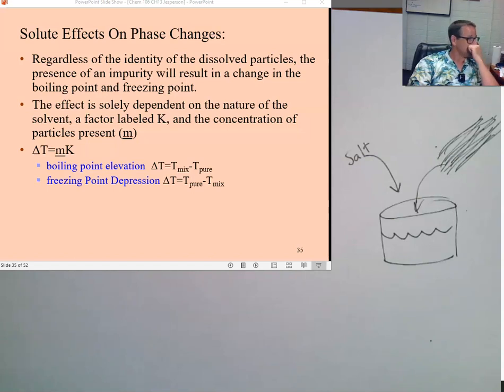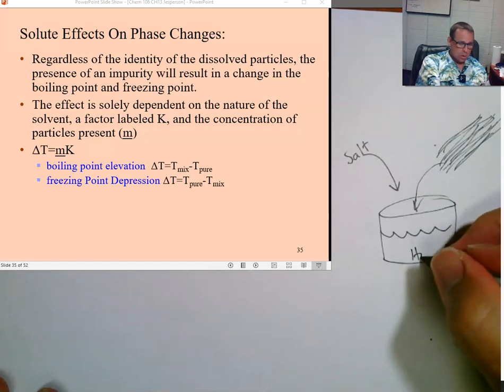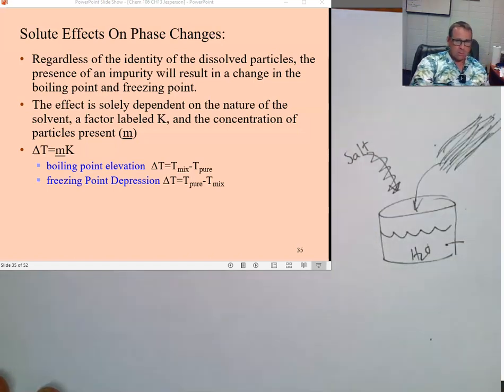Doesn't it lower the boiling point? Okay, so it lowers the boiling point. What would that mean? That would mean that if I have water without salt, here's the water without the salt right now.